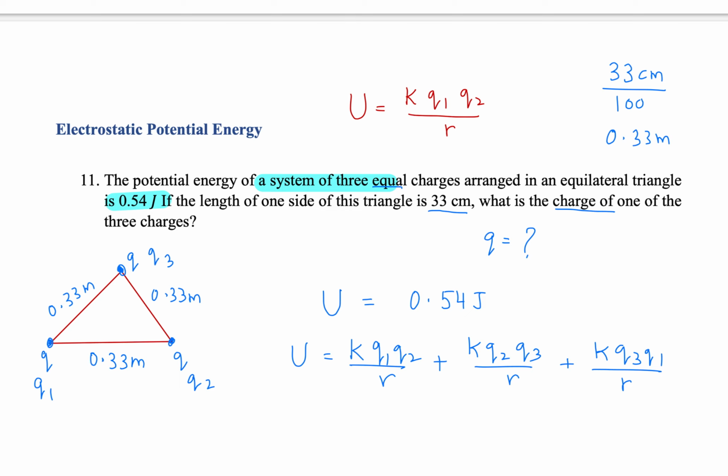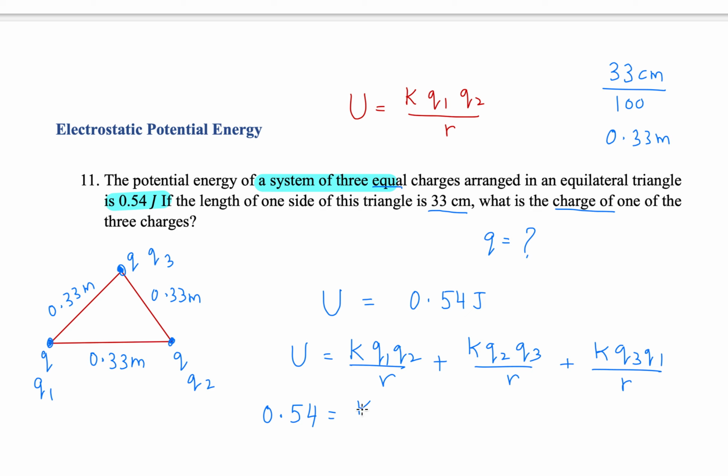So we need to find the potential energy between Q1 and Q2, then add it to the potential energy of Q3 and Q2, and then also add the potential energy of Q3 and Q1. So we will have to do it 3 times so that we can get the potential energy of the system.